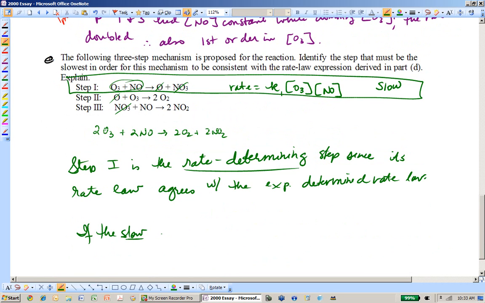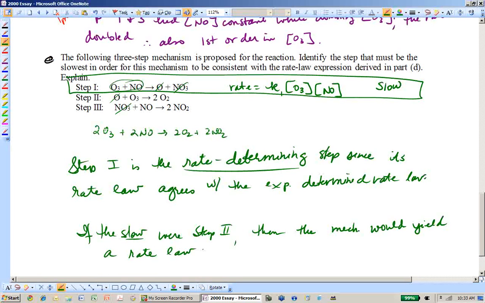If the slow step were step 2, then the mechanism, I still want to put the two words together, stop at the mechanism, would yield a rate law of rate equals K, concentration. Now look at this one.